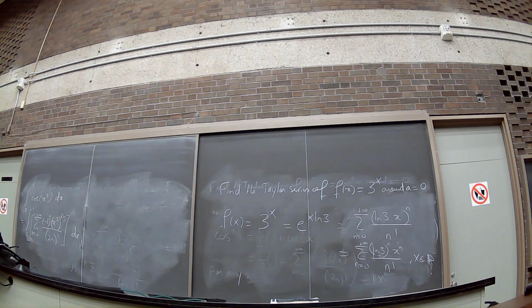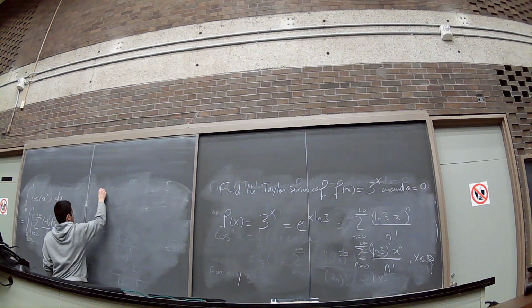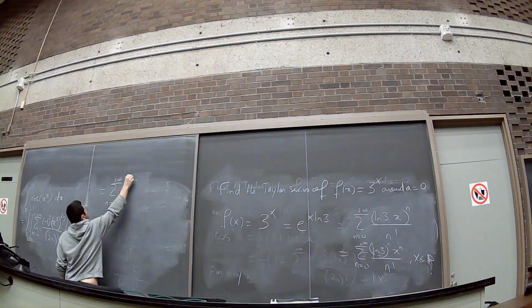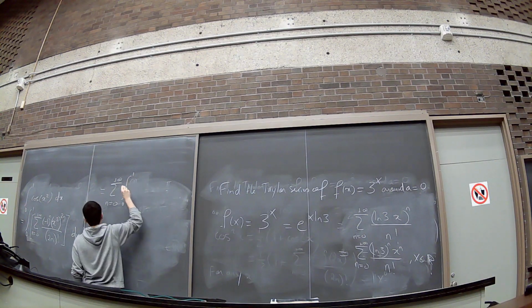I can switch them, right? You can switch the sum and the integral. The integral of a plus b is equal to the integral of a plus the integral of b. So let's flip this. It's not obvious why you can switch them, but we'll just assume it in this case.